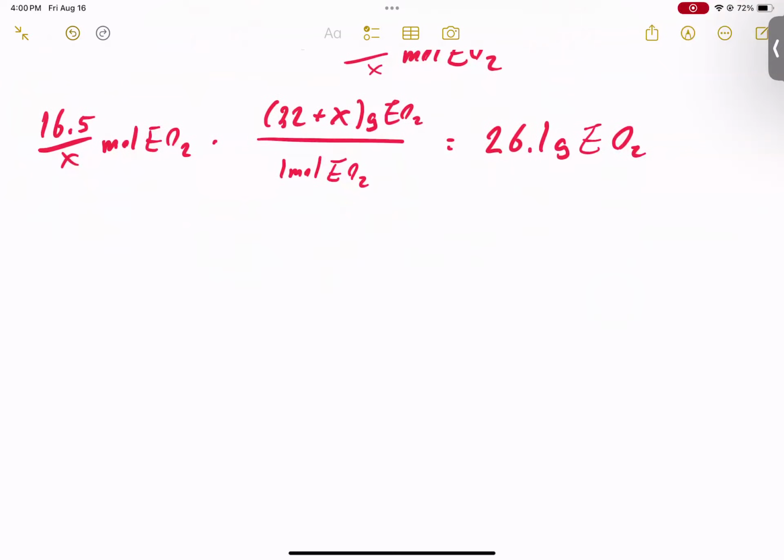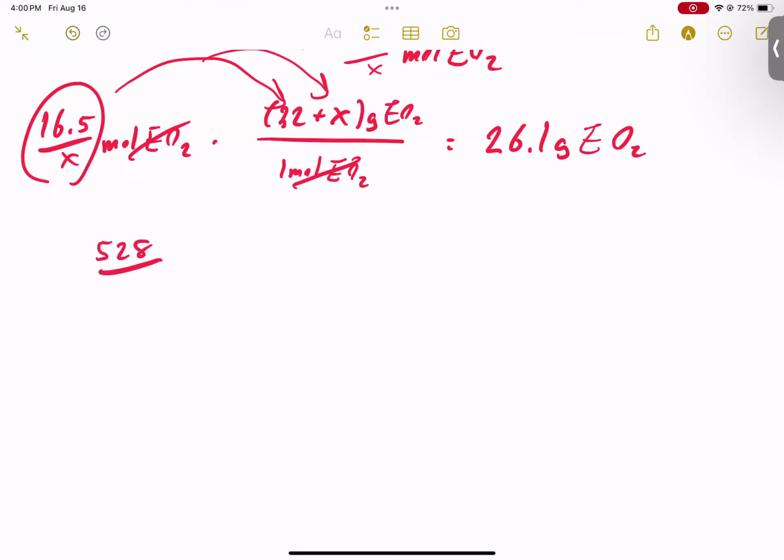And here we just have an algebra problem. The moles of EO2 cancel out, and I'll distribute the 16.5 over X to the 32 and the X. So 16.5 over X times 32 becomes 528 over X, plus 16.5 over X multiplied by X. I'll have an X on the numerator and denominator, and those X's will cancel out.